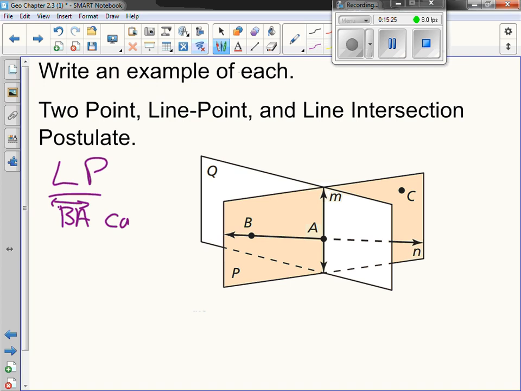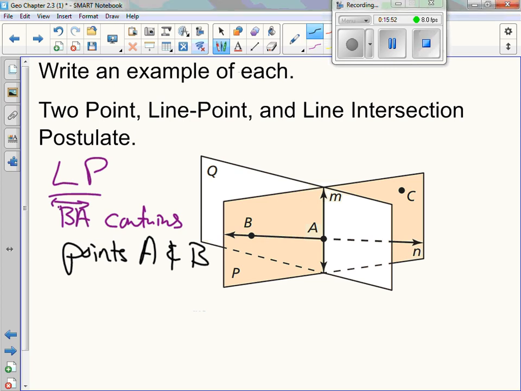Line BA contains points B and A. Because our line point is pretty much saying line AB, or BA, contains points A and B. The line contains 2 points.